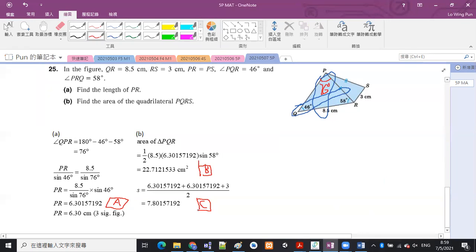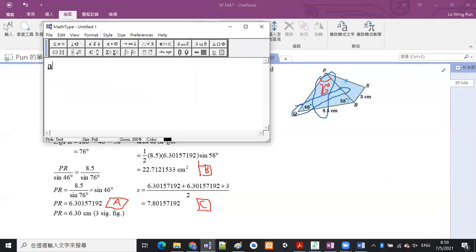Okay. Finally, I am going to use Heron's formula to find the area of triangle PRS, which is equal to the square root of S times (S minus PR) times (S minus PS) times (S minus 3). And PR and PS will both be equal to memory A, right?